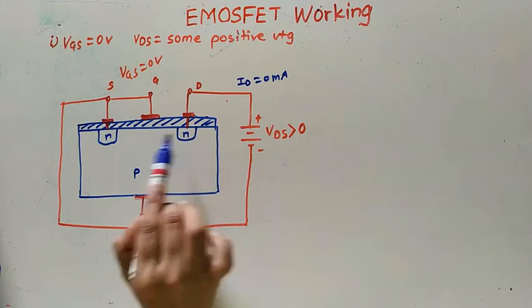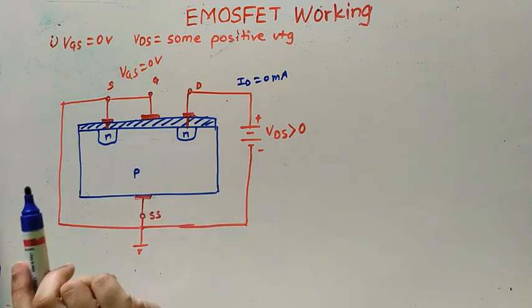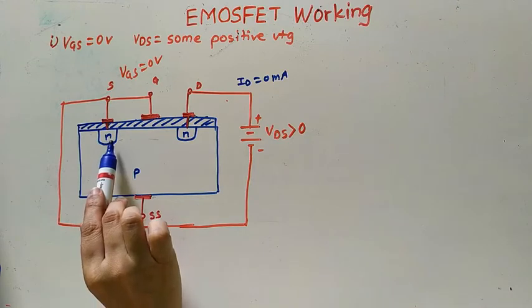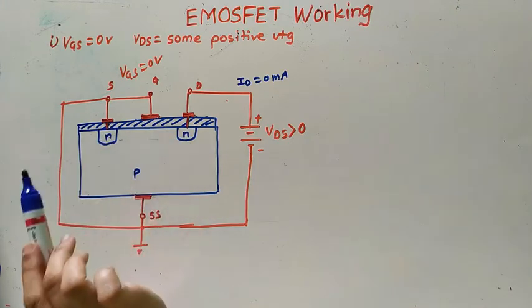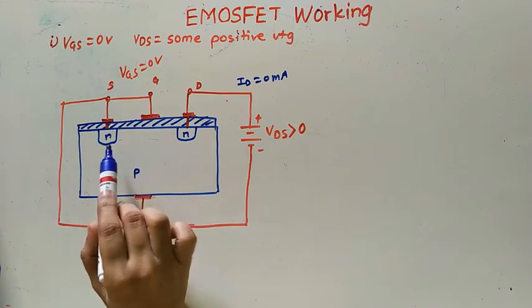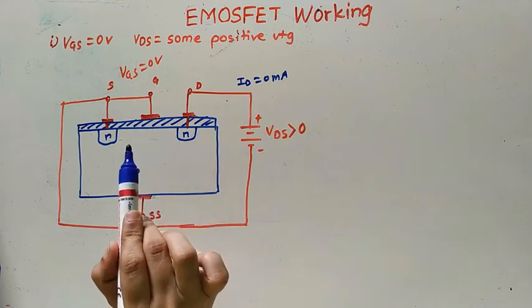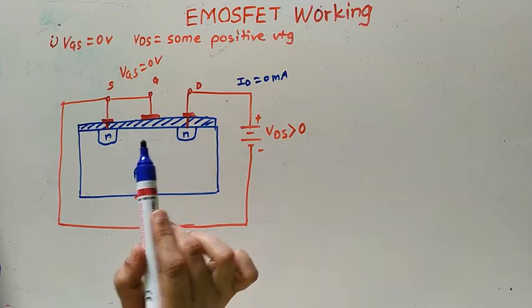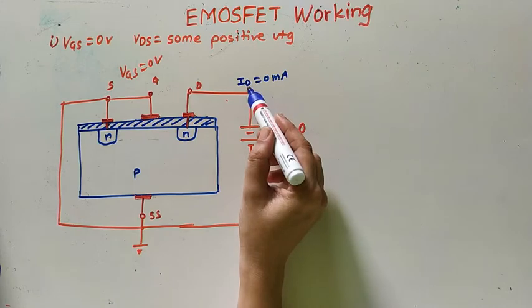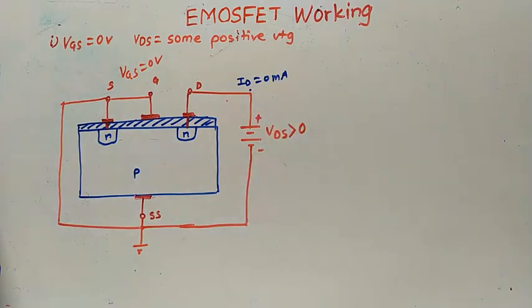Since the channel is not present, there will not be flow of current from the drain terminal to the source terminal, or the carriers will not move from source to drain, and that's why the current ID will be equal to 0 milliampere.